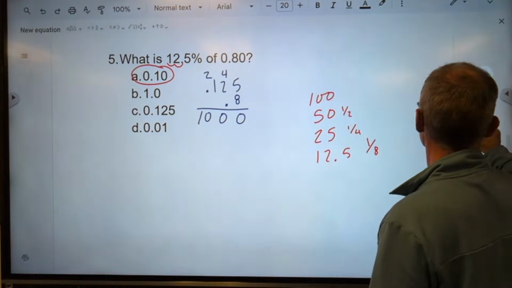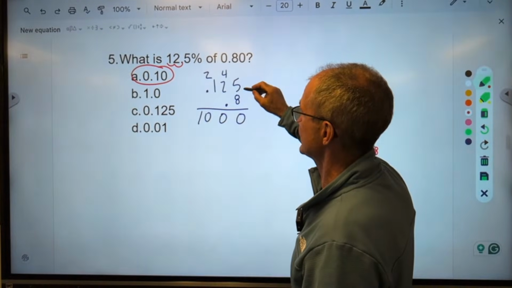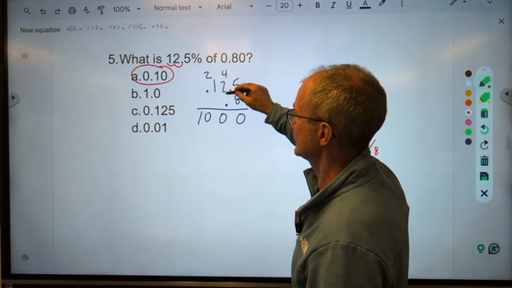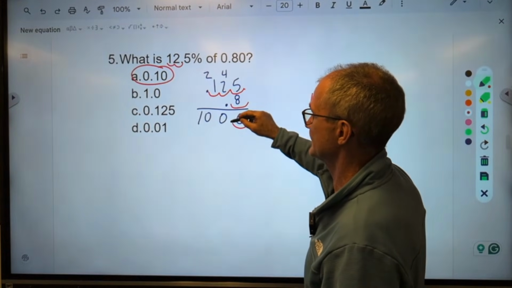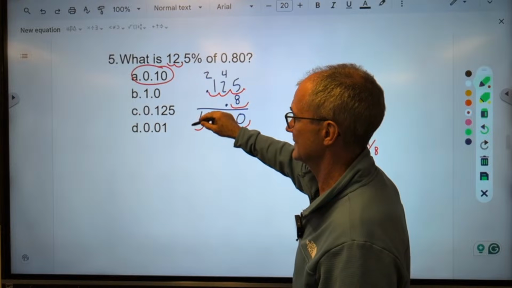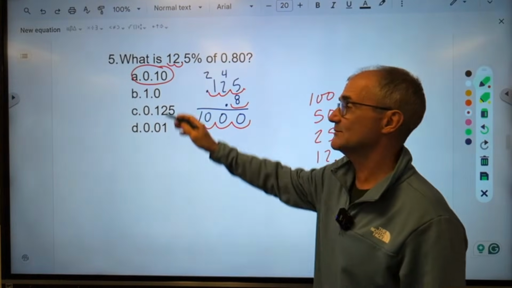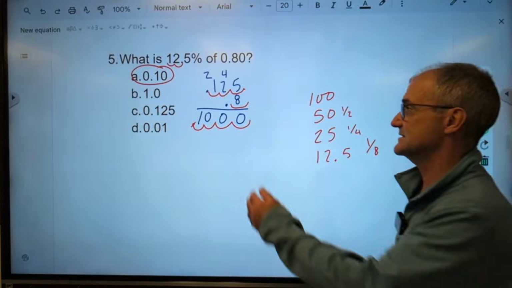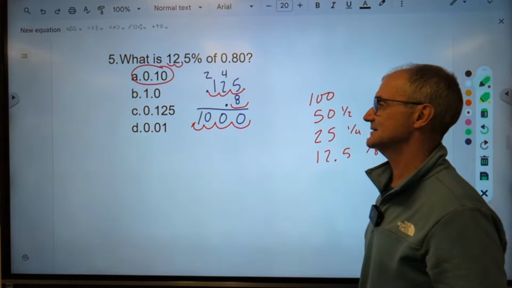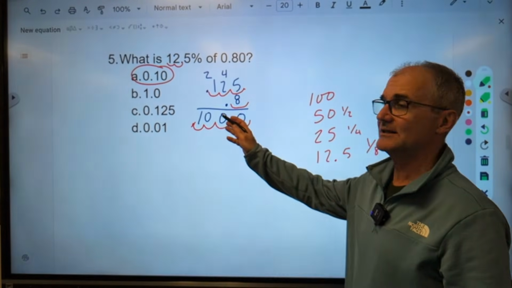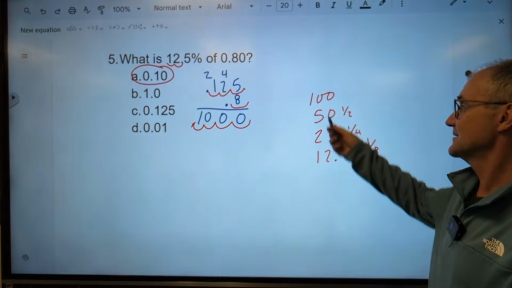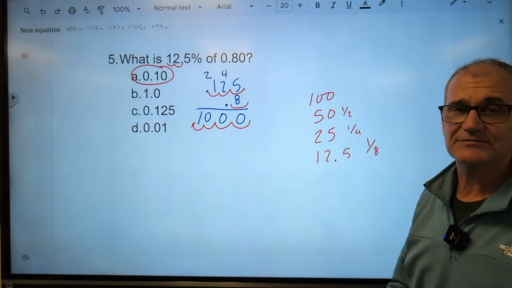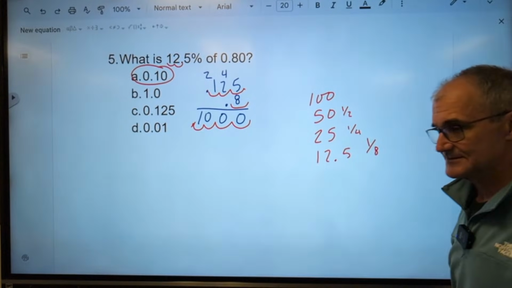Then I count up how many decimal places I'm over. 1, 2, 3, 4. So I go over 1, 2, 3, 4, and I get the same 0.1. The zeros after the decimal don't make any difference. So I can multiply it all out. Trying to save time on these problems, you could always memorize these 8 different fractions.